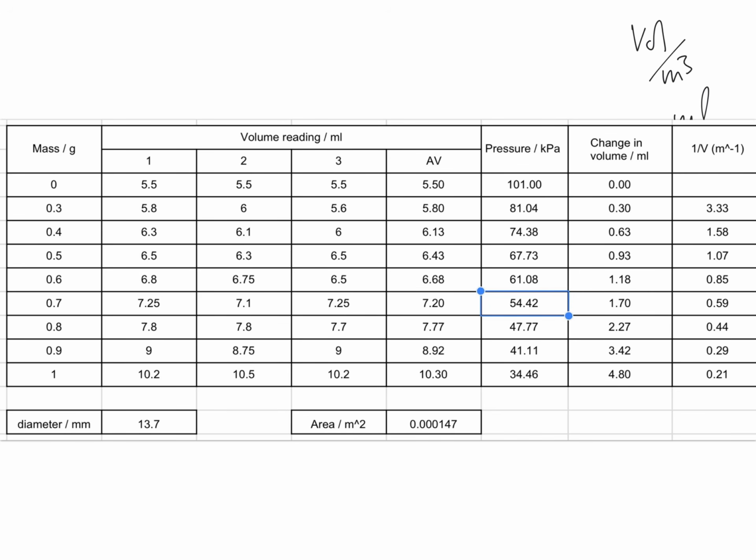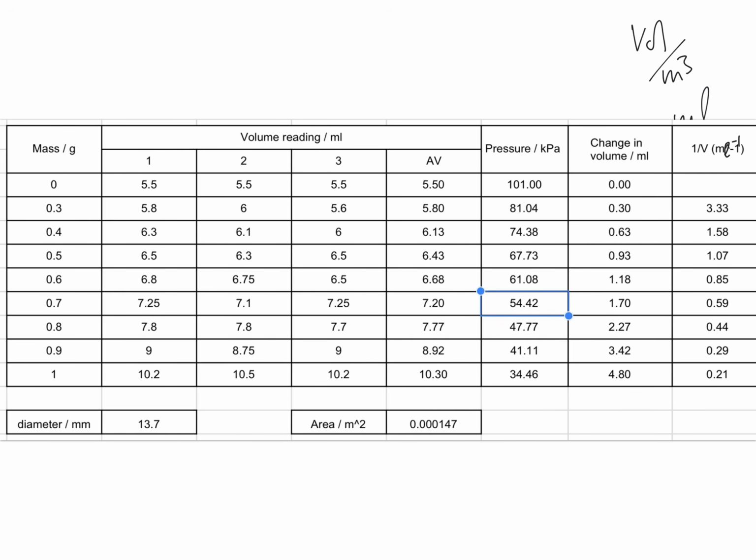Here are the pressures and the changes in volumes. 1 over the volume, it's probably best there to write millilitres to the -1. Just that little change there should be millilitres to the -1. And I worked out the diameter in millimetres, and then I worked out the area in meters squared to make life easier. And I plugged that number into here and worked these out.